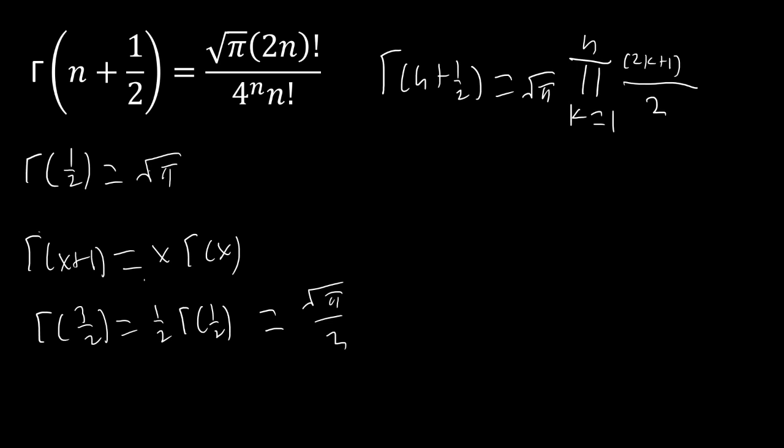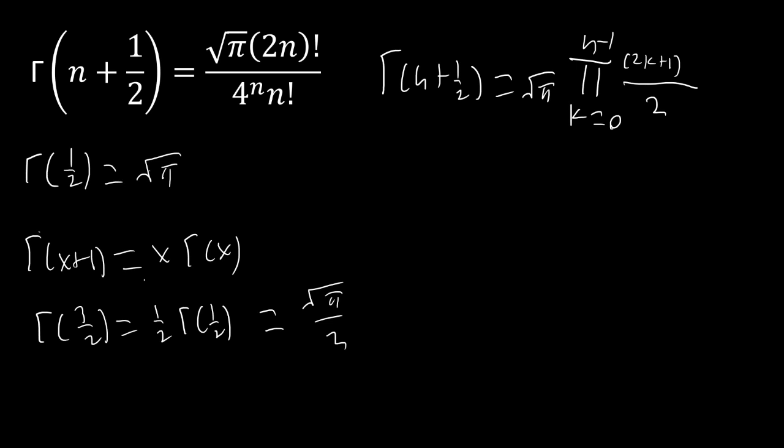I think that's right. Yes, that's correct. And you'll notice that if we, for example, plugged in n equals 2, we would be looking for gamma of 5/2, and we would multiply by 3/2, and then we'd multiply by, oh, I guess it should go from k equals 0 to n minus 1. So k equals 0 to n minus 1.